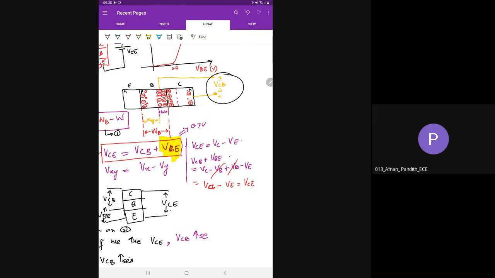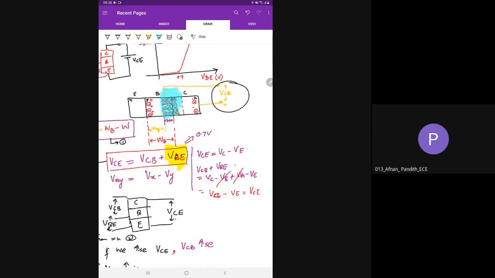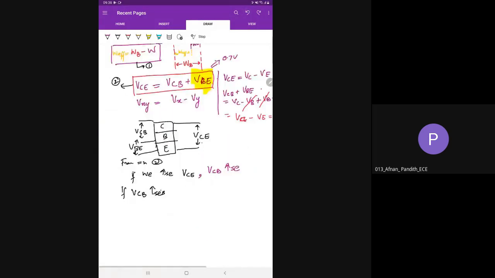It will also increase. From the diagram I have drawn here, you can see that this is W, the blue one. So if VCB increases, the depletion region increases, because it is a reverse bias junction. The collector base junction is always reverse bias. Reverse bias means more width of the depletion region.